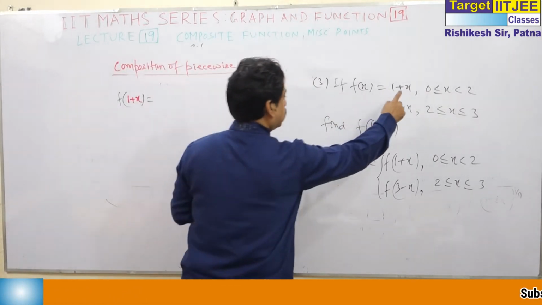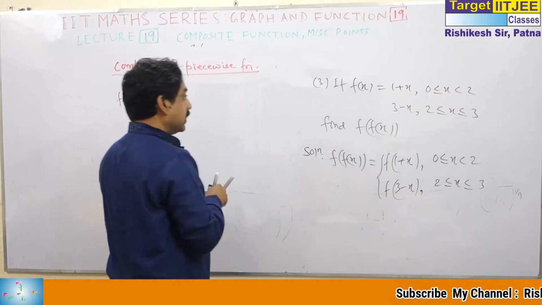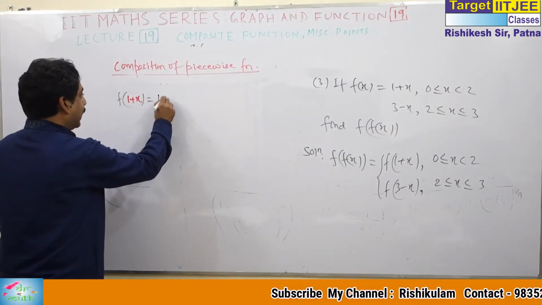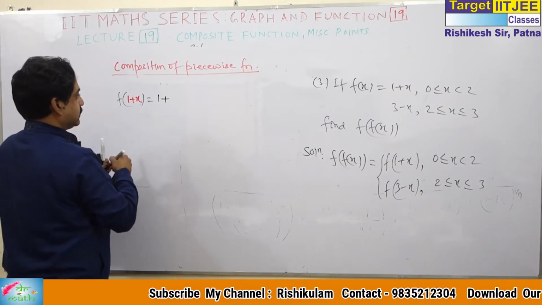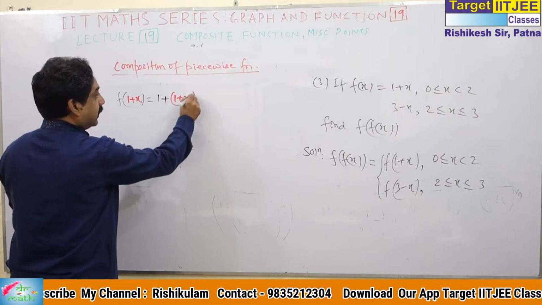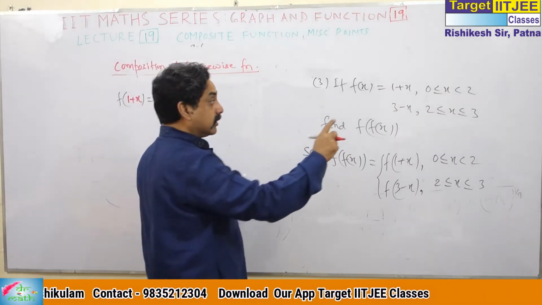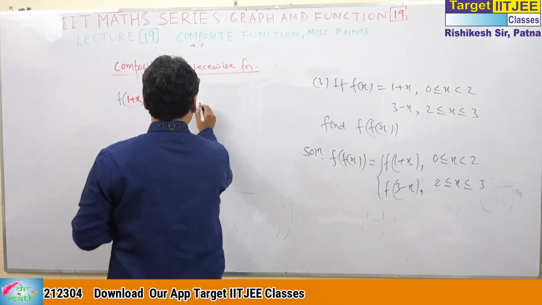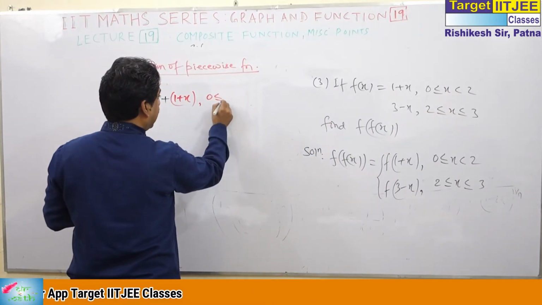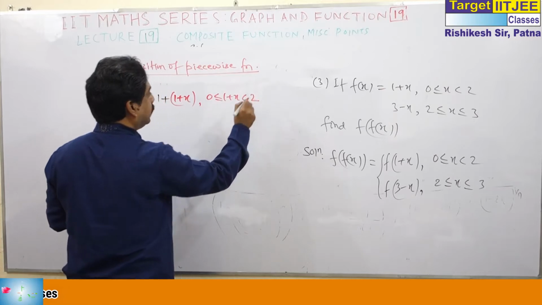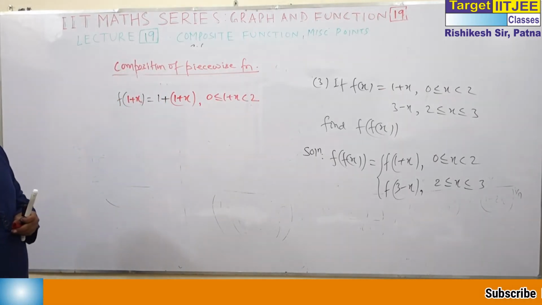Actually, instead of x, I will write what? 1 plus x. So this will be what? 1 plus x. And this will also go there. This is actually 0 less than equal to 1 plus x less than 2. This is important.